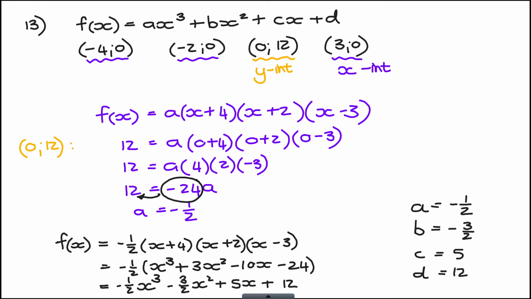Onthou die koëffisiënt kom aan die onderkant, né? So hy gaan so lyk. Daai stappie tussenin sou gewees het a is gelyk aan 12 gedeel deur minus 24 en dit gee vir my minus 'n half. Ja, is jy reg?